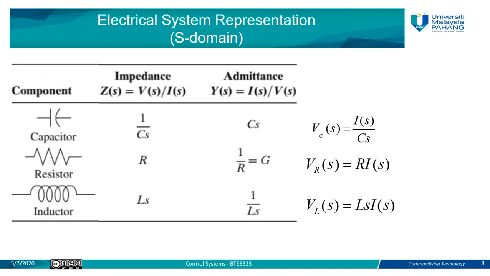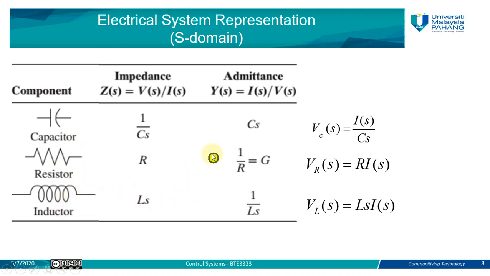We are also going to show the relation between the passive elements here, which are the capacitor, resistor, and inductor, in the S domain. Previously, we saw these components with the voltage-current relations in the time domain: the voltage and current of the capacitor, of the resistor, and of the inductor.